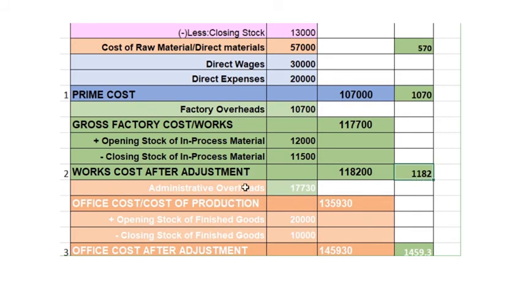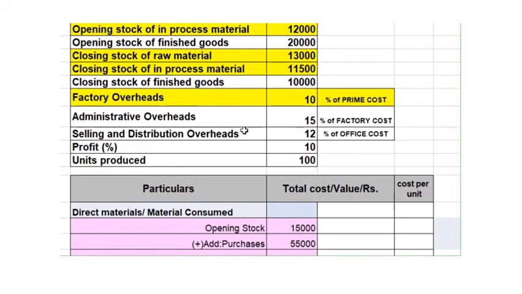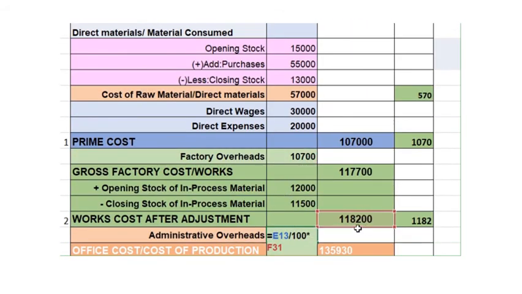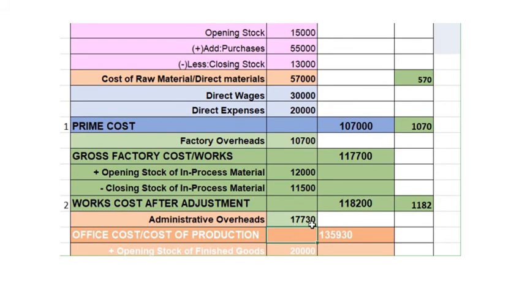Now, what is the next cost that we have to find? It is office cost. For that, we require administrative overheads. Again, it is given indirectly, which is 15% of factory cost. We have found the factory cost. Administrative overheads are 15% of factory cost, which is 17,730.